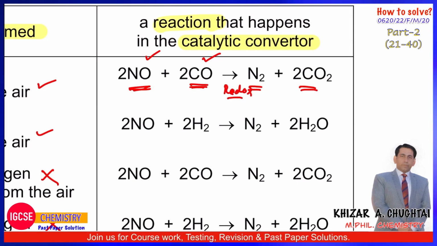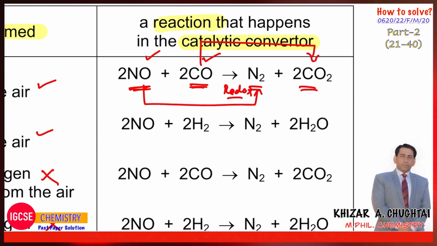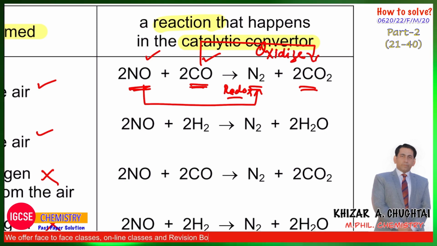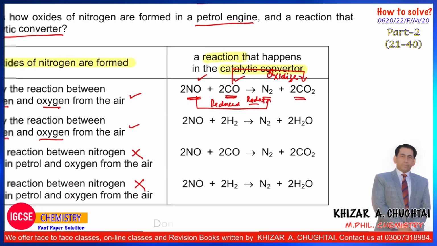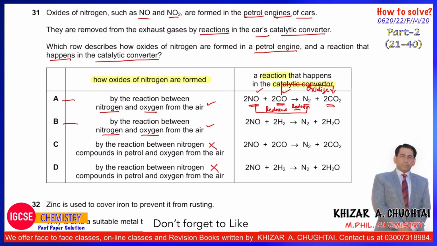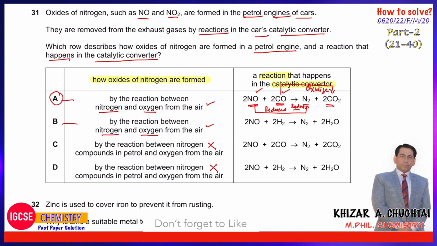Carbon monoxide is going to oxidize, NO is going to reduce. Both reactions happen in catalytic converters. So finally, A is the correct option.